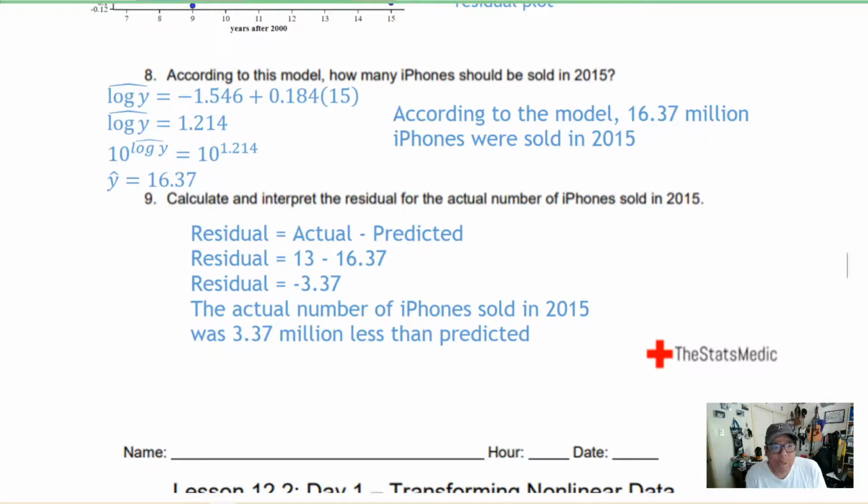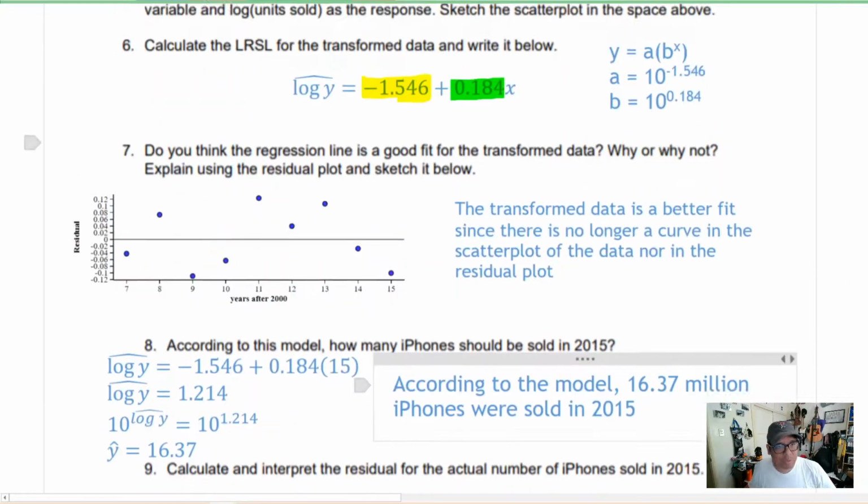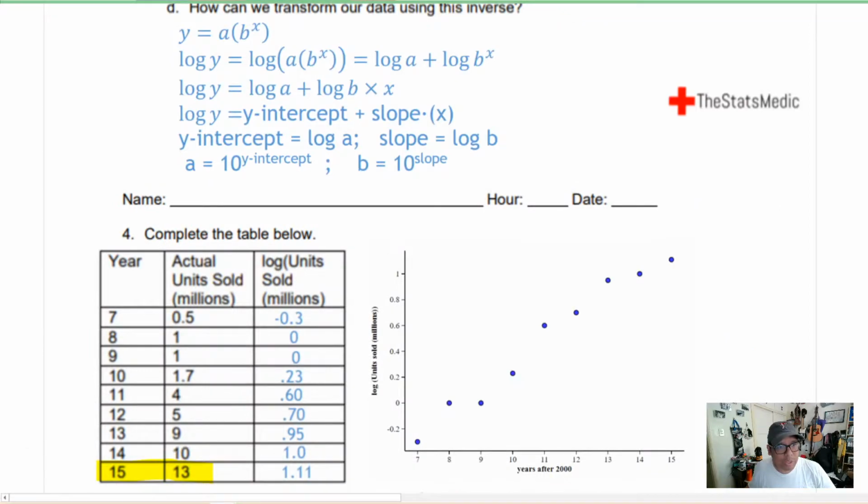The residual, therefore, is equal to 13 minus 16.37, giving us a residual value of negative 3.37. The interpretation here is that the actual number of iPhones sold in 2015 was 3.37 less than predicted. Okay. So this takes us through just one example of using transformed data.